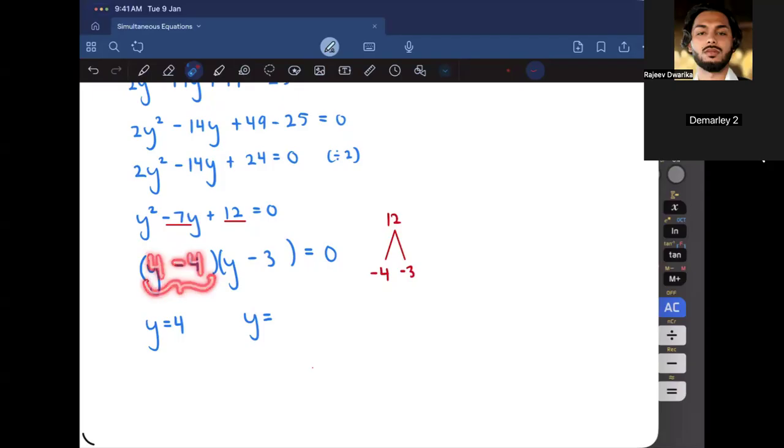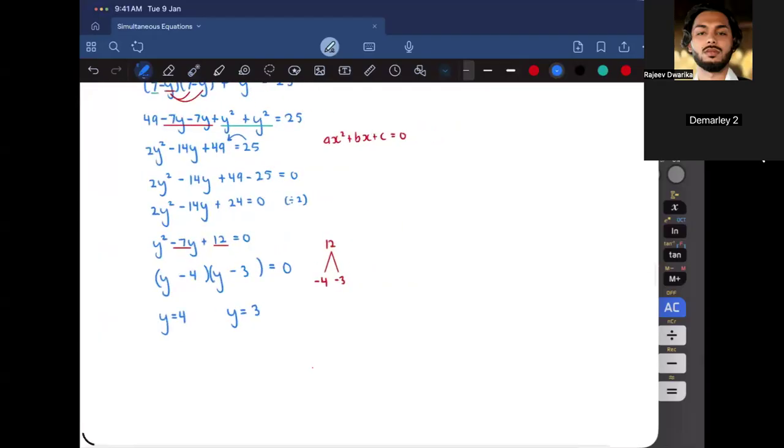That bracket is going to be 0. So what would y have to be to make this bracket 0? 3, right? And so you understand that if y is 4, that bracket is going to be 0, and we don't really care what we get over here because 0 by anything is 0. And when y is 3, this bracket is going to be 0. So again, y is equal to 4 and y is equal to 3.